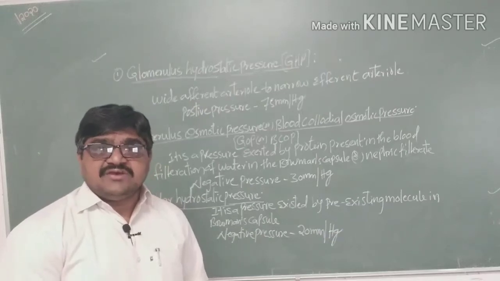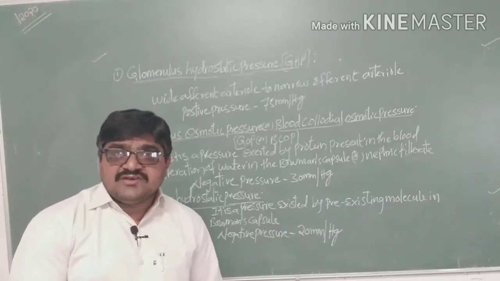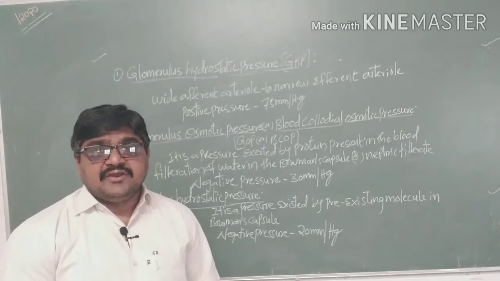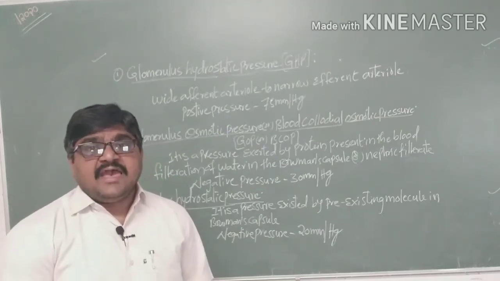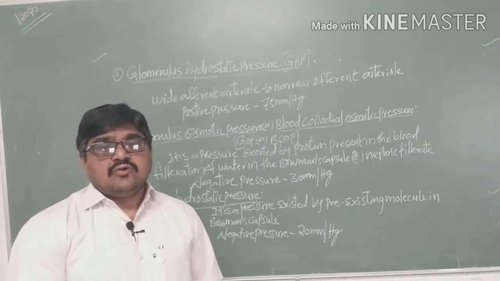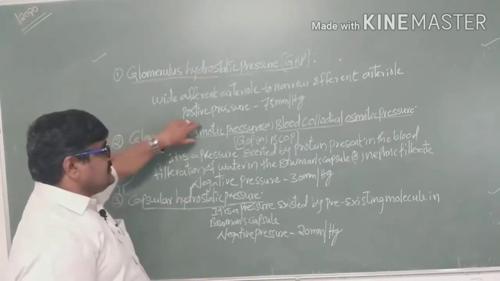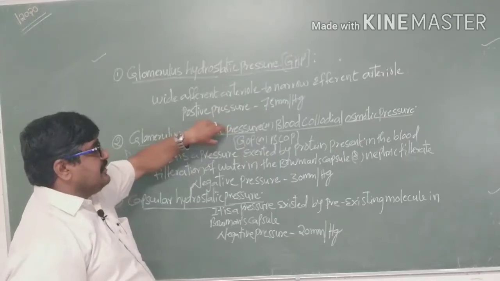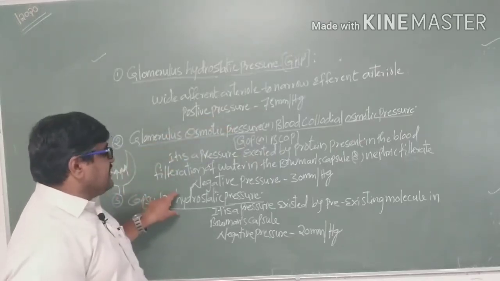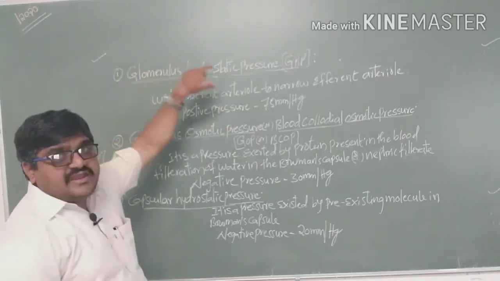So these are the three pressures which help in the filtration of the blood into the Bowman's capsule: the blood colloidal osmotic pressure, the capsular hydrostatic pressure, as well as the glomerular hydrostatic pressure.